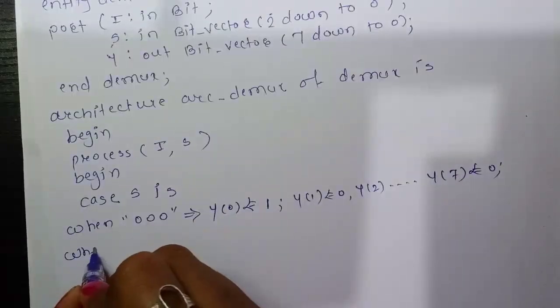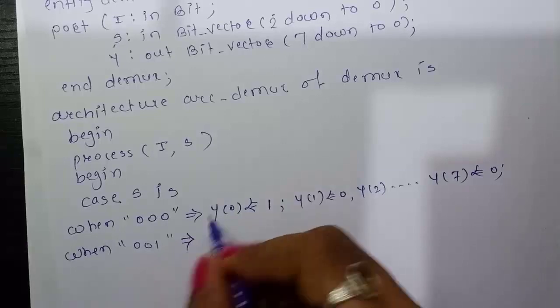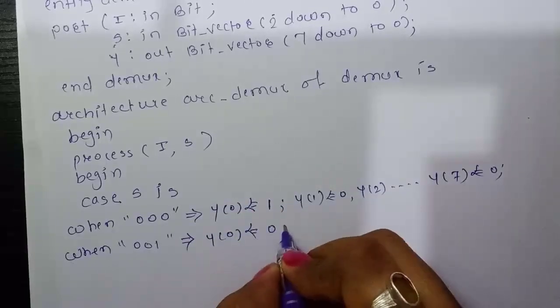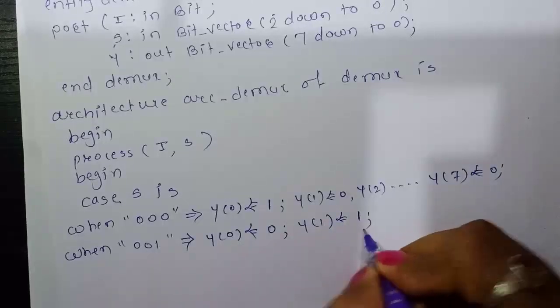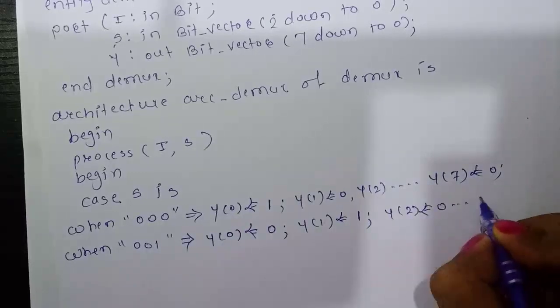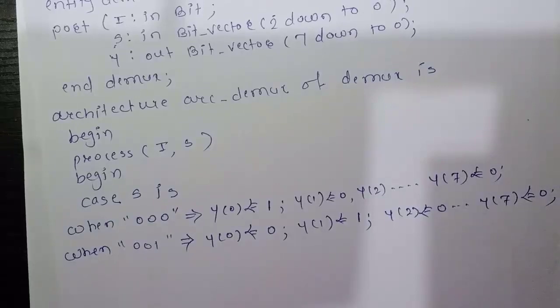Likewise, when the selection line is 0 0 1, Y0 is 0, Y1 will be 1, and from Y2 to Y7 all other output lines are 0.